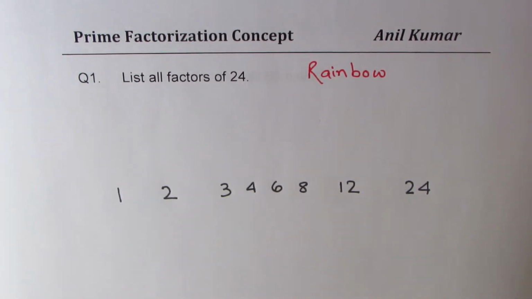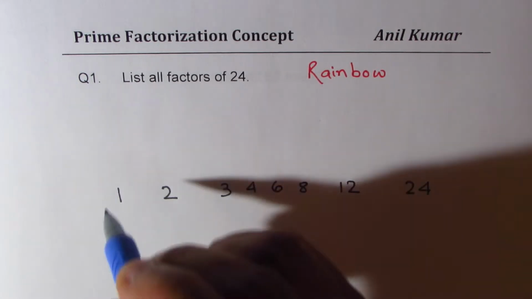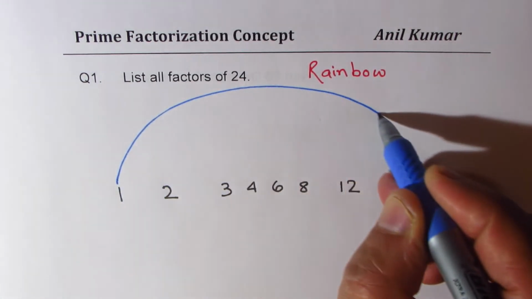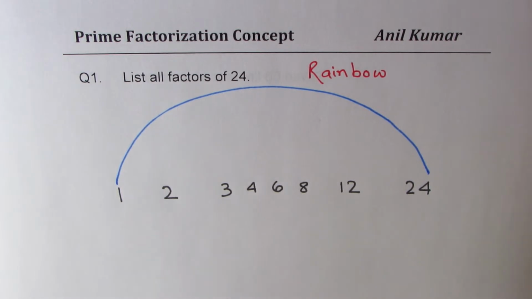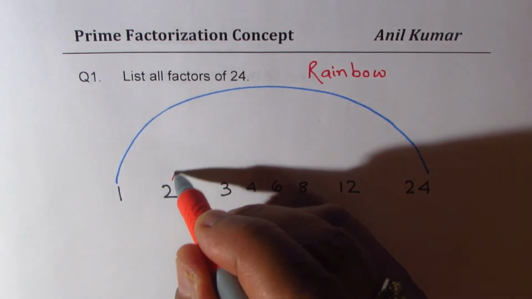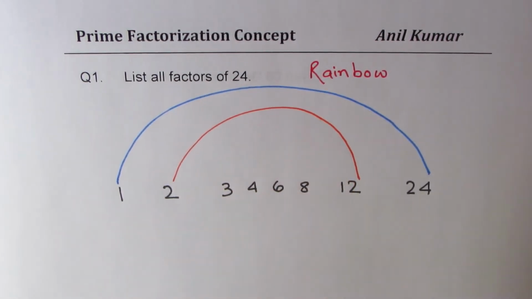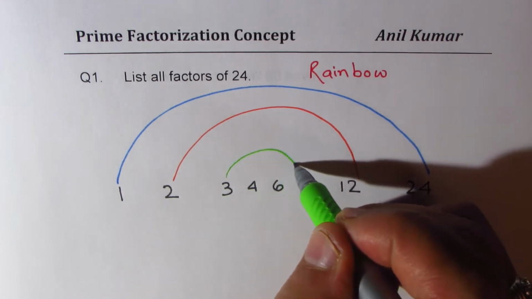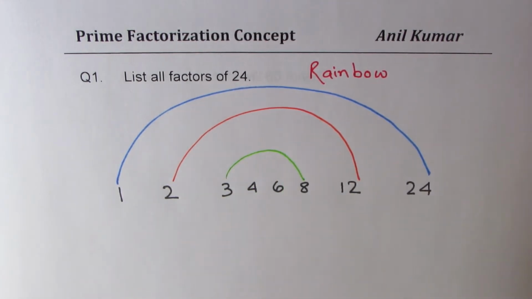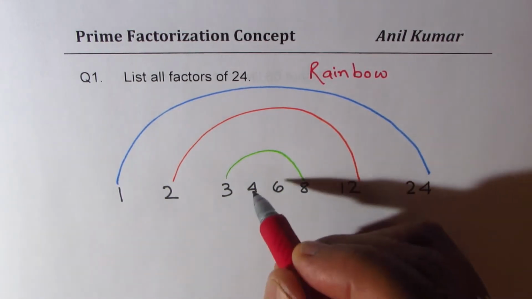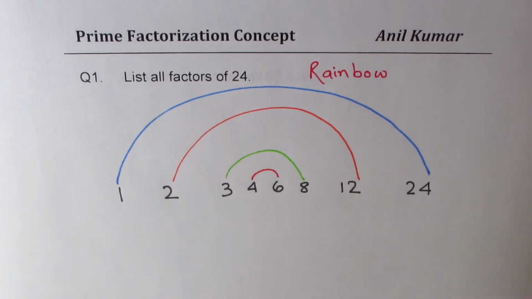So what we see here is that we get a rainbow where we can connect these, right? So 1 times 24 is 24, and then 2 times 12 is 24, and then 3 times 8 is 24, and then 4 times 6 is 24, right?